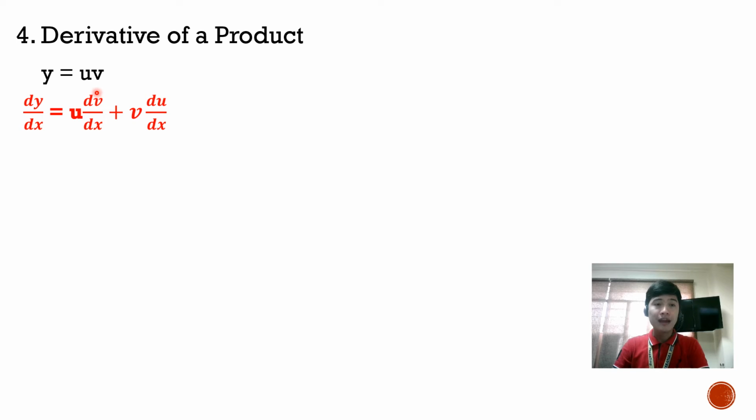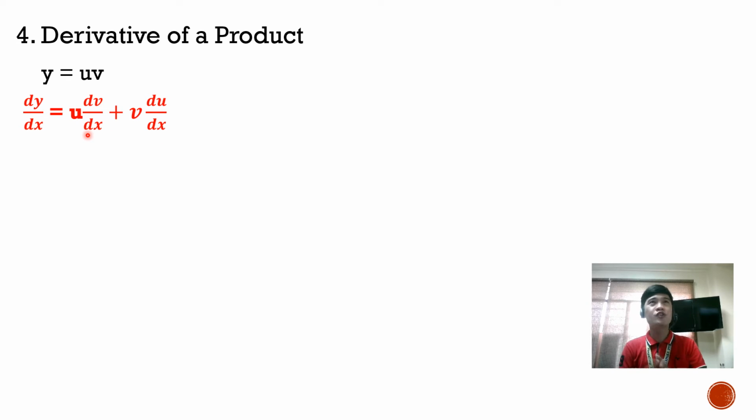The first function multiplied to the derivative of the second function. Let's shorten it so we understand better. Plus v, the derivative of u in terms of x. So basically, the second multiplied to the derivative of the first.